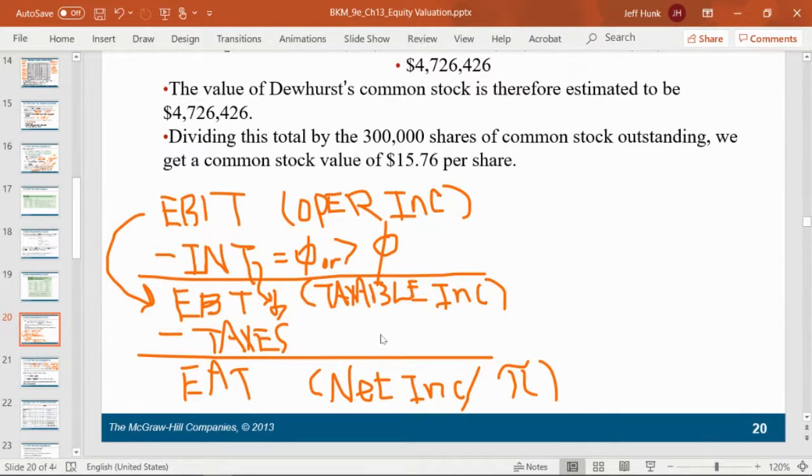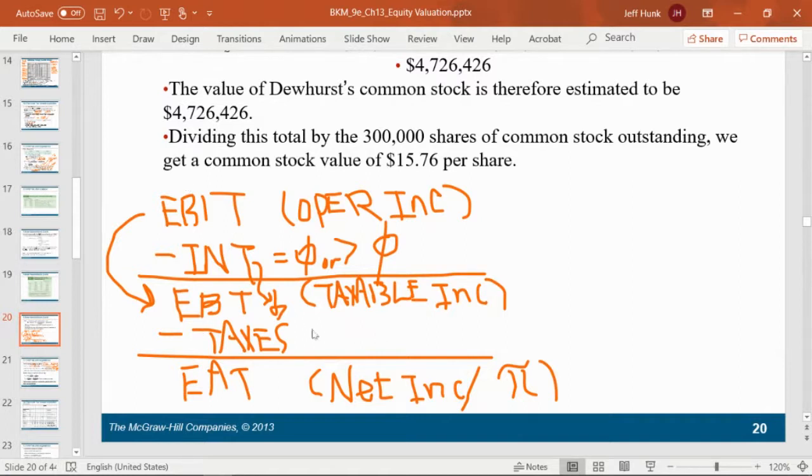So, interest is tax deductible means interest is already, it happens before taxes. And the entire interest payment is already deducted before paying taxes, so it reduces EBT, and then the taxes would go down, right?